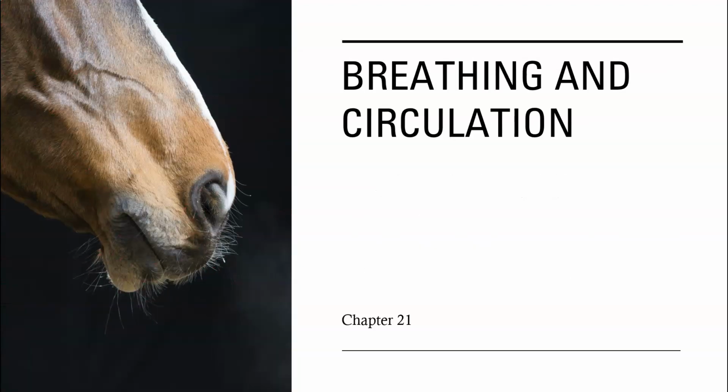So guys, we're still on chapter 21, so hopefully we'll get this finished off today. Okay, so breathing and circulation. We've looked at the breathing system, we've looked at blood, and today we're going to do circulation.